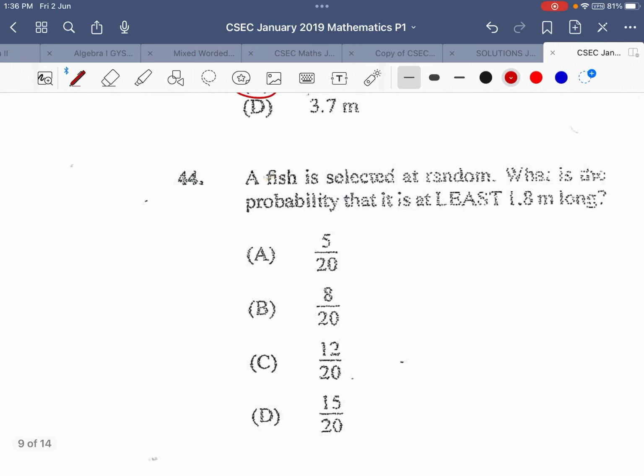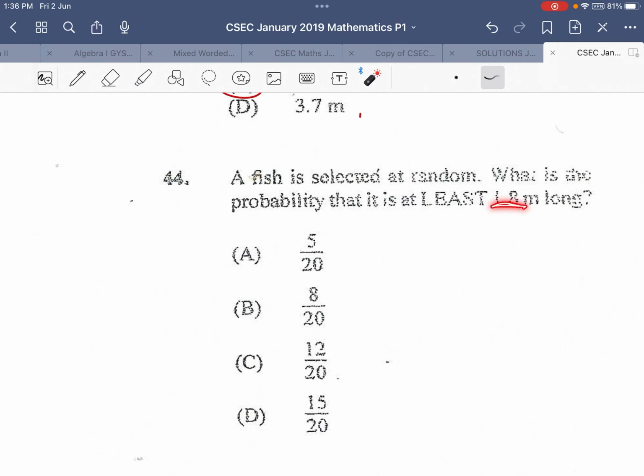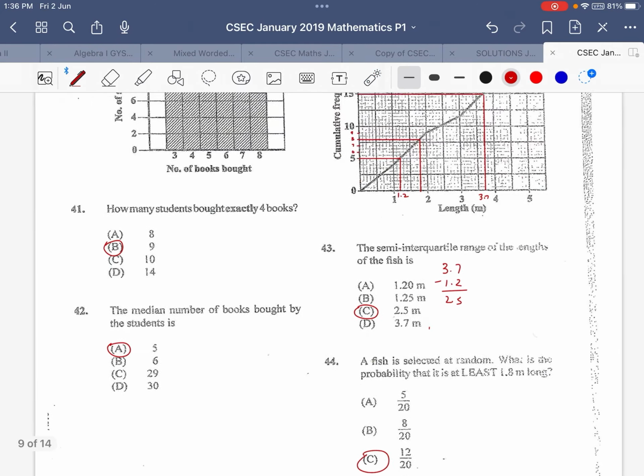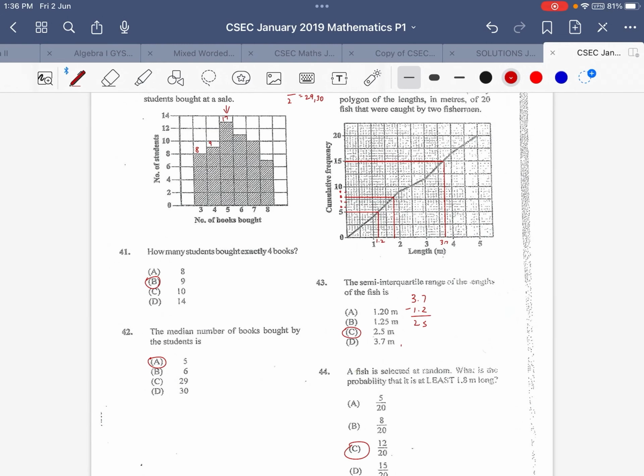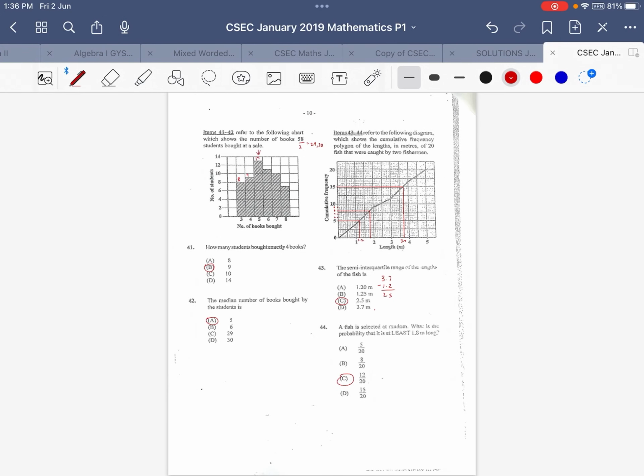At least means 1.8 or more. So 12 fish would be above 1.8, so that's 12 out of 20, and that's your answer. That's why we don't circle 8 over 20, we circle the answer that selects 12 over 20.